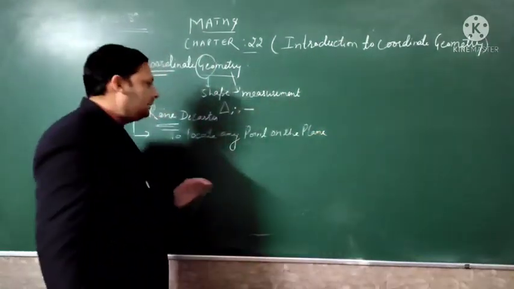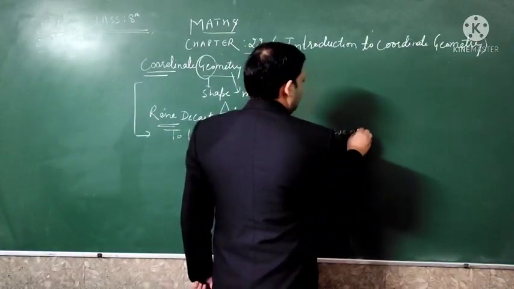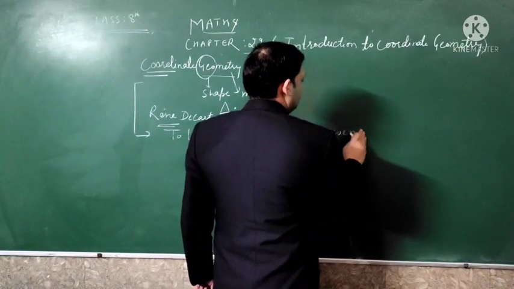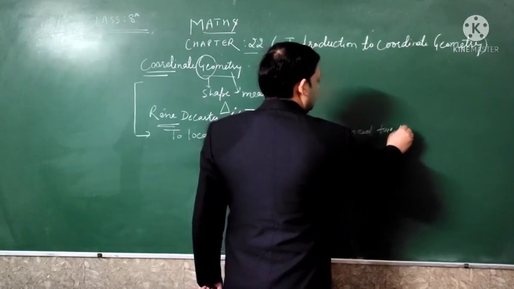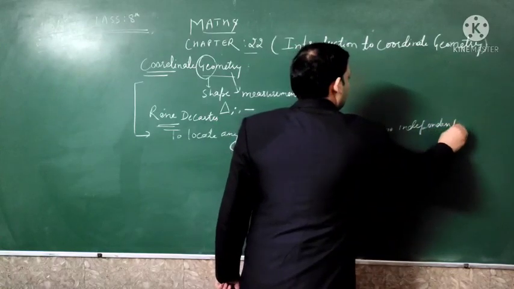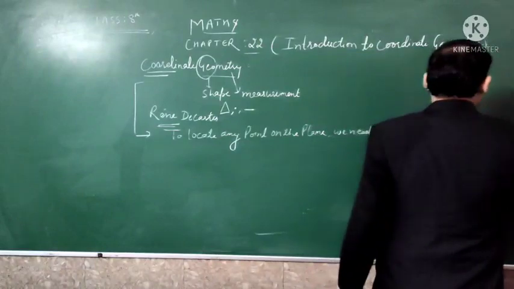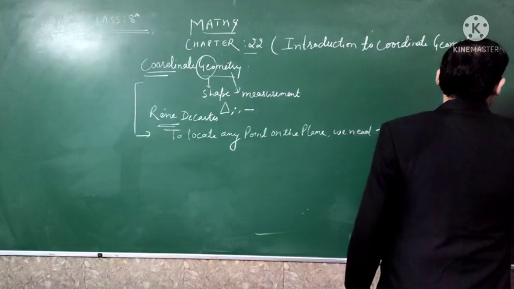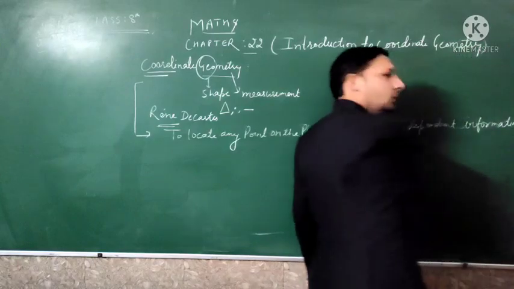To locate any point on the plane, we need two independent pieces of information.